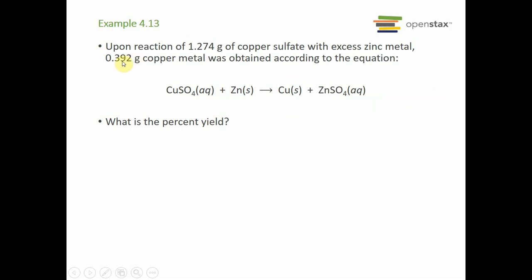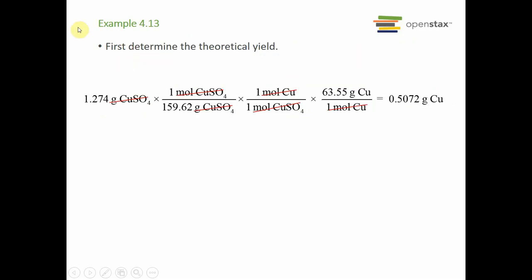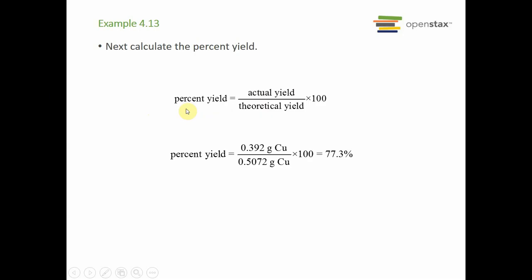So we've got almost 0.4 divided by 0.5. It's going to be about 80% yield. So that divided by that is 77.3%.